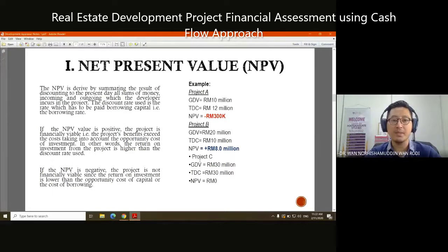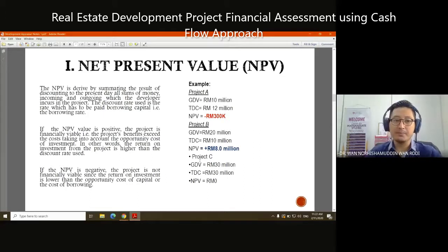If the NPV value is positive, the project is financially viable, whereby the project benefit exceeds the cost, taking into account the opportunity cost. If we read the slide shown, positive NPV equals good investment.